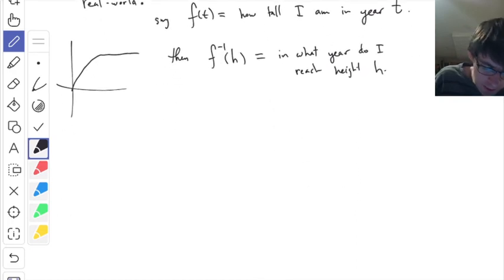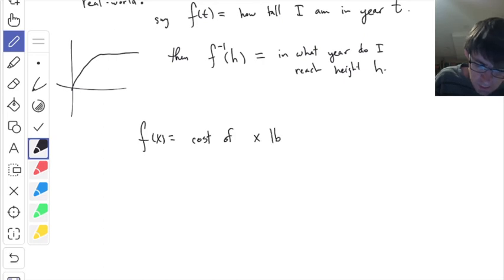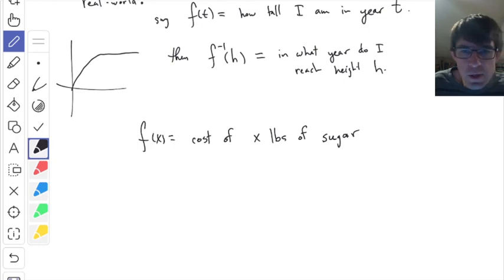Or something like, how about f of x is the cost of x pounds of, I don't know, sugar? What would the inverse of that be? So f of x tells you, I tell you how many pounds, and you say how much it costs. The inverse would be the other way around. You say the cost, I tell you how many pounds you can get for that.